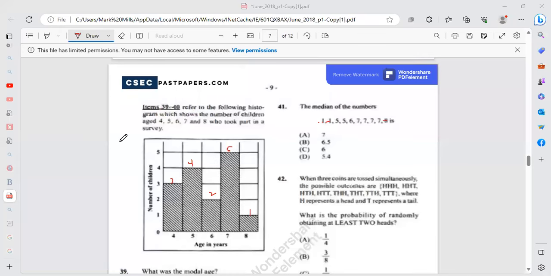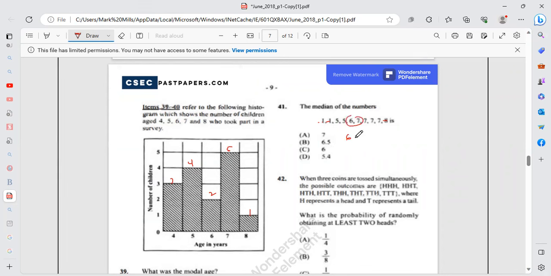So here, the median would be 6 plus 7 divided by 2. You get 13 divided by 2, which is 6.5. So that's what that would be.